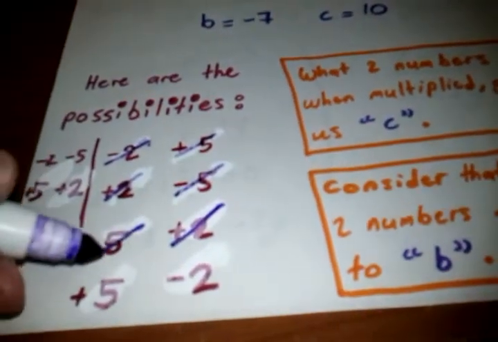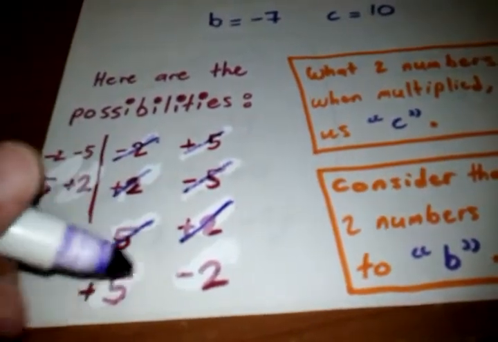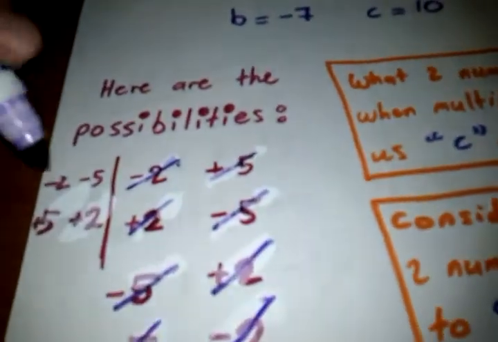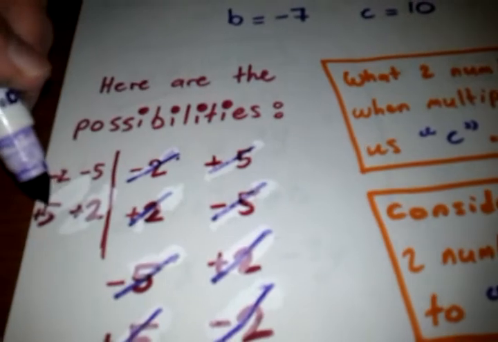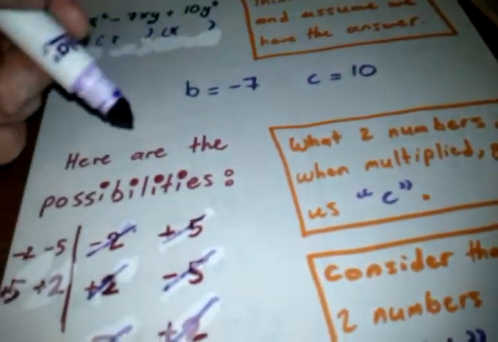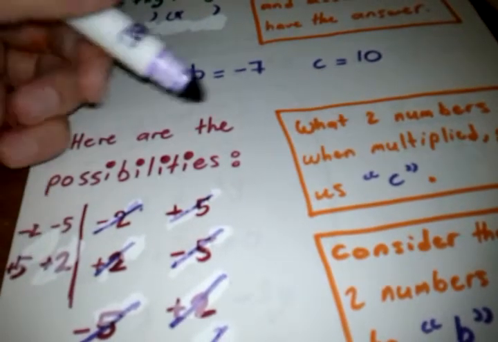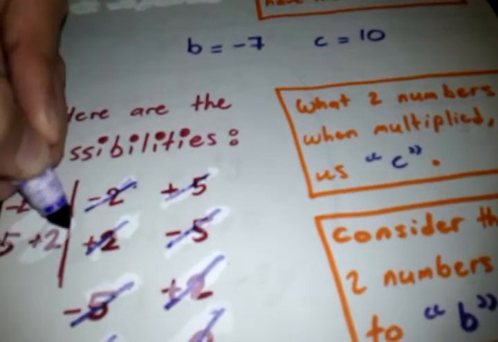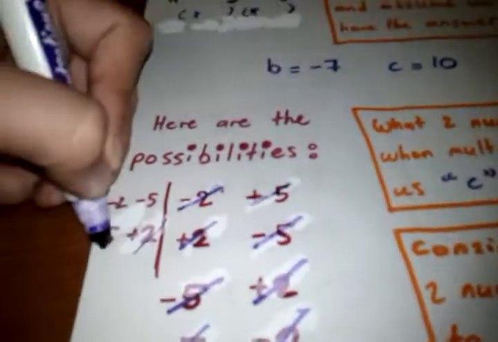Here, same thing. They changed position and changed signs, so that's wrong. And now we have 5 times 2. That gives us 10, but if we add them, they don't give us negative 7. So that's wrong right there.